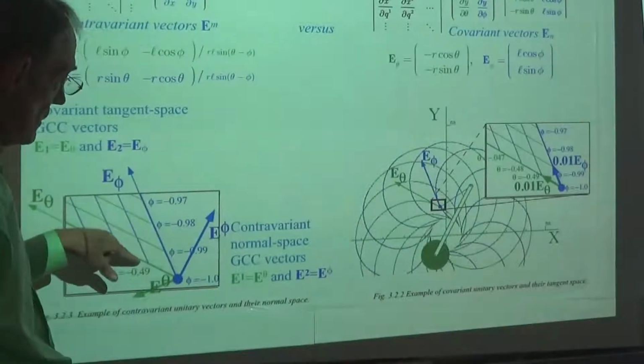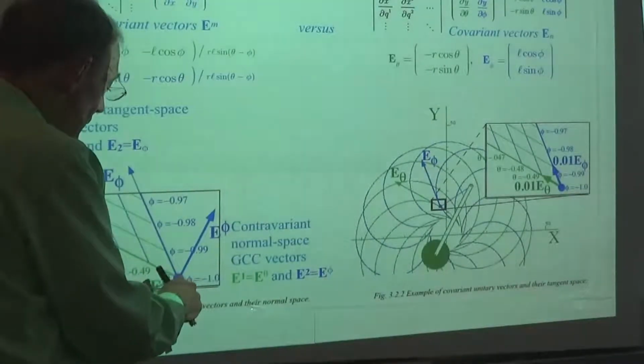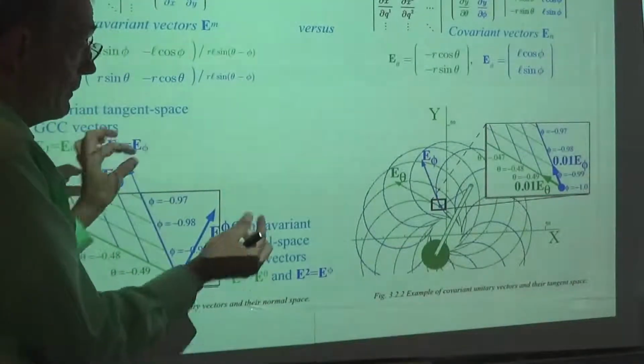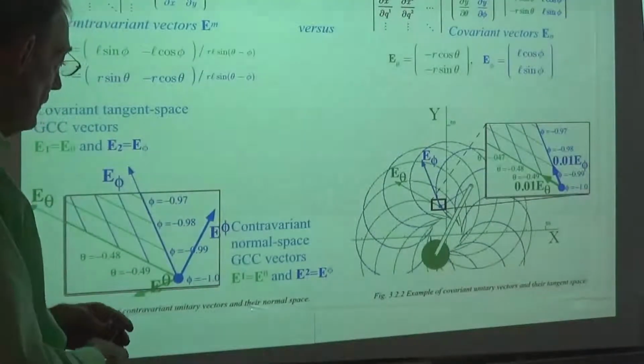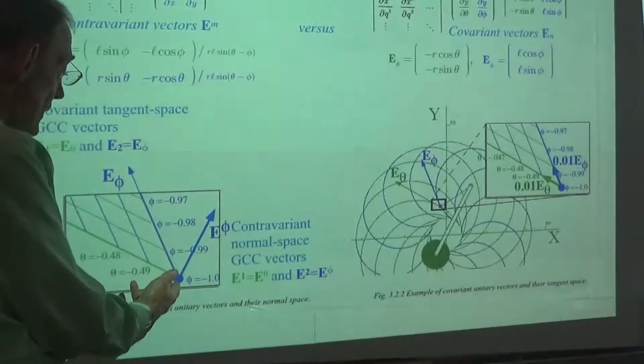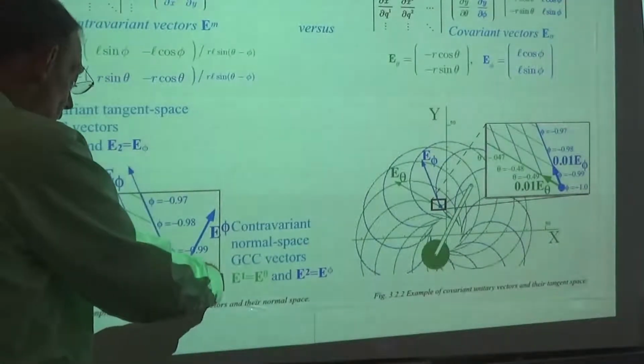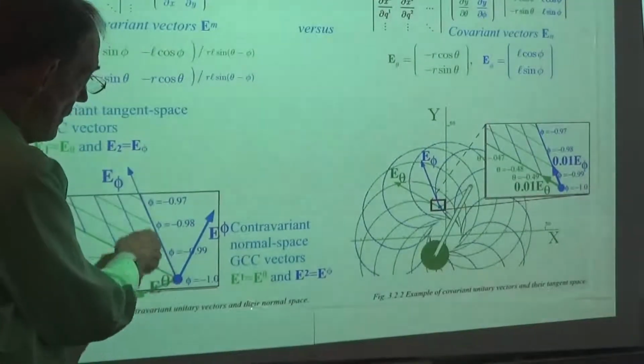phi equal a constant. Phi equal minus 0.1. That's this line right here, and it's just a straight line because I'm looking microscopically at this. We're talking about the infinitesimal limit. And then the other one, the E theta here, points perpendicular to phi equal a constant.